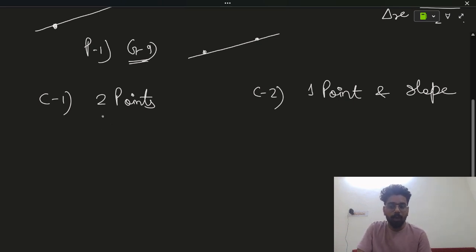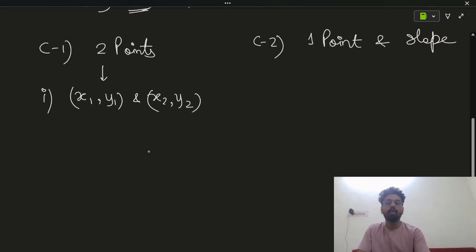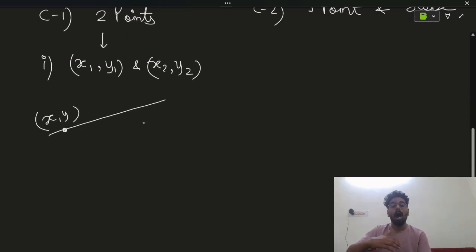Now in 2 point form, case number 1, when we are having 2 points x1 comma y1 and x2 comma y2. Now how will you have the equation of it? Always remember, whether they give 1 point or 2 points, you always have one general point as x comma y, because equation itself means how a general point on the line will be represented.